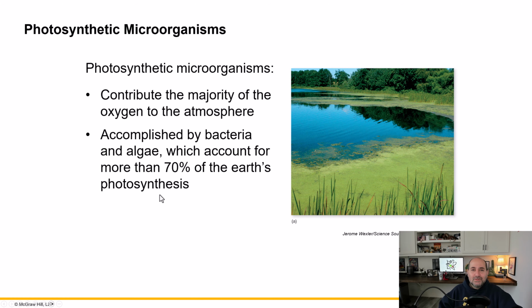A lot of times, when you think of what's providing the oxygen for us to breathe, what's providing the photosynthesis on the planet, students will often say, oh, it's plants, it's trees, right? But that's actually the minority of the photosynthesis occurring. It's really the algae, the diatoms, the photosynthetic bacteria.